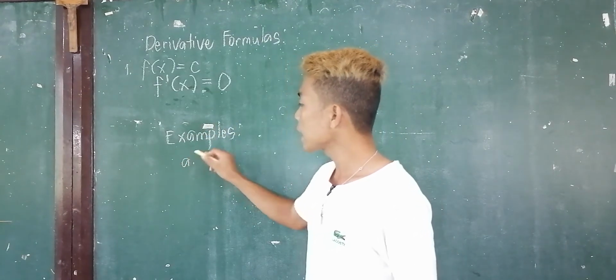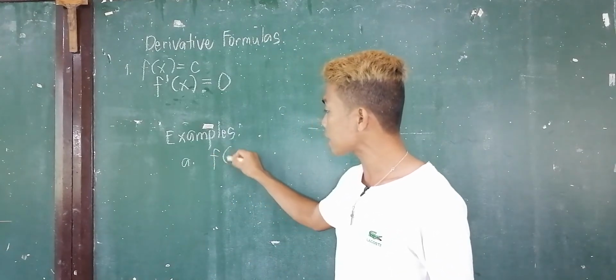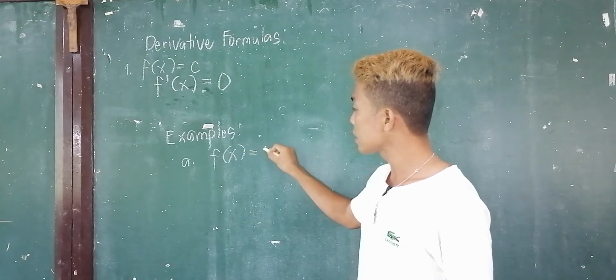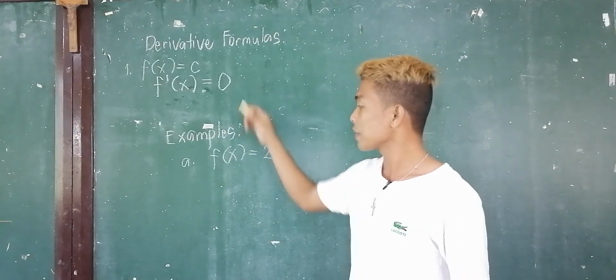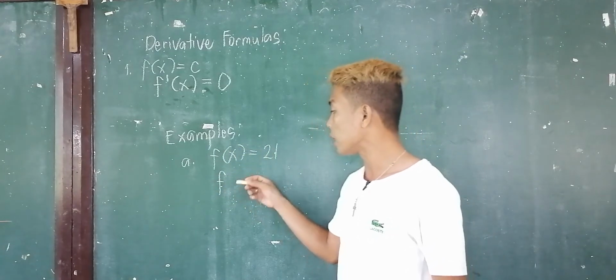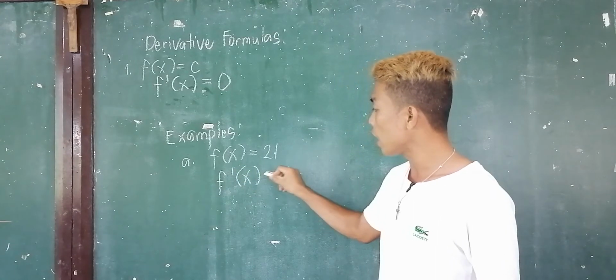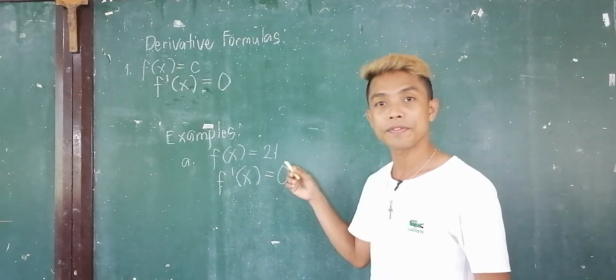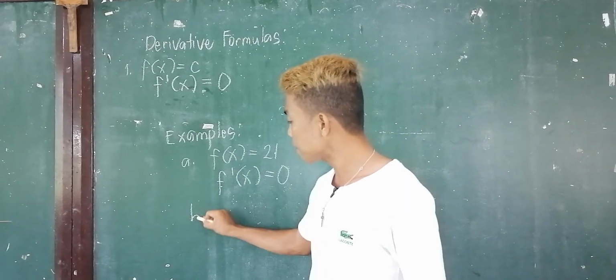Letter A, we are asked to find the derivative of f of x equals 21. So, from the formula, the derivative of f of x is equal to 21 is f prime of x equal to 0. Okay? And many other examples. So, magbigay pa tayo ng isa.